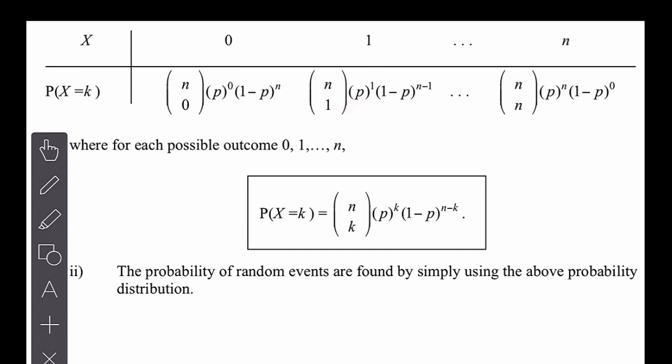So then here, as you go to 1 success, the probability of success has a power 1, and the probability of a failure has 1 less. So the exponent to p keeps going up, while the exponent to 1 minus p goes down. So this is the other extreme over here. Okay? So when something is to the power 0, that's just going to be a 1, and this will be successes to the power n.